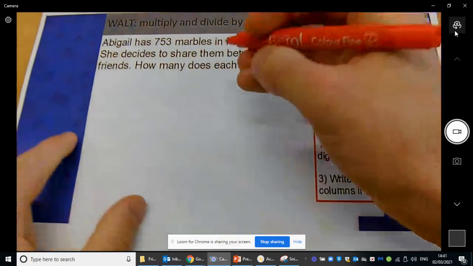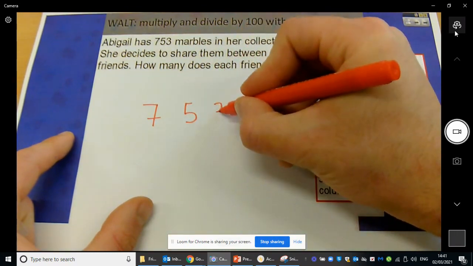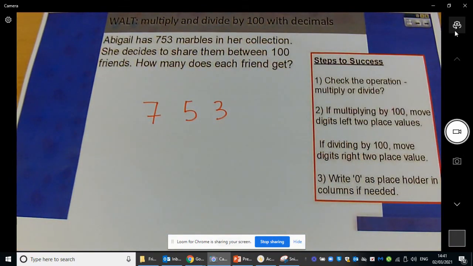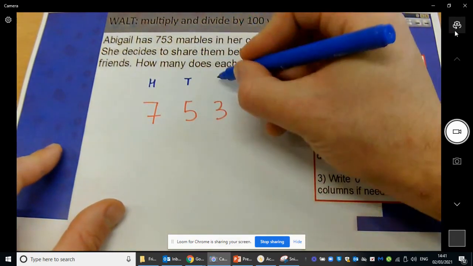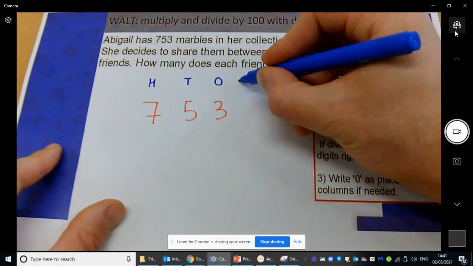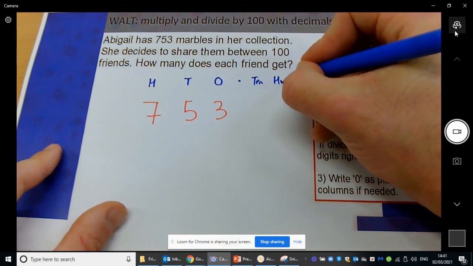Lucky thing, Abigail. So I'm going to write the number down here. And I would always suggest in this situation, really do take the time just to mark your place value, even your decimal point there, tens and hundreds.